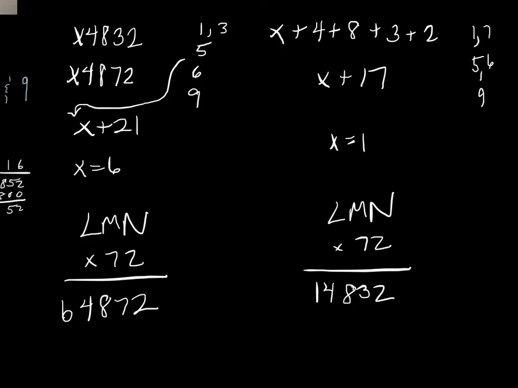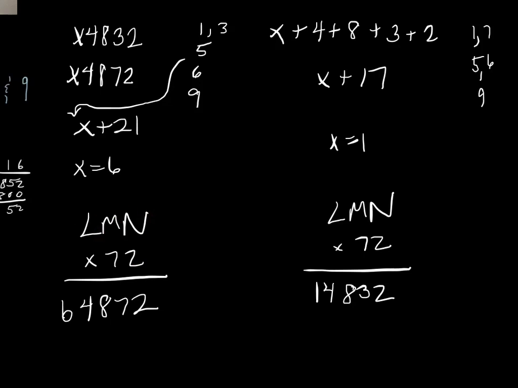Now it's easy to figure out what LMN can be. Why is it so easy? Because now that you've checked both divisibility rules, you have some idea. But I don't even care about LMN anymore. I just have a number times 72 equals this. I can literally divide to figure out what this number is.